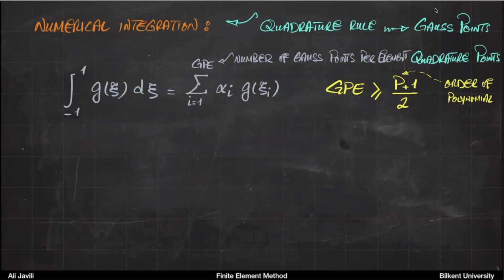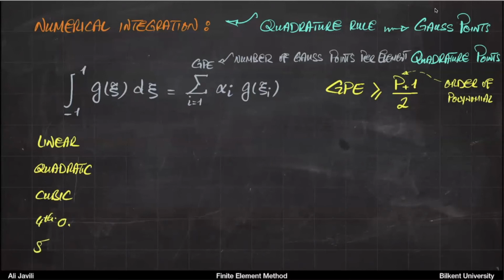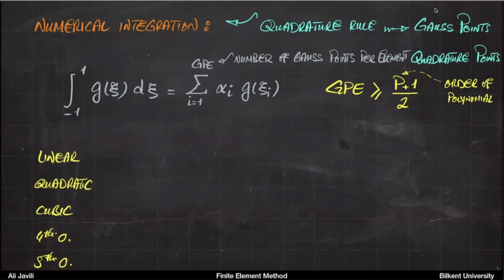So let's say you have linear, quadratic, cubic, and maybe fourth order and fifth order polynomial. So maybe I write it like a table almost.